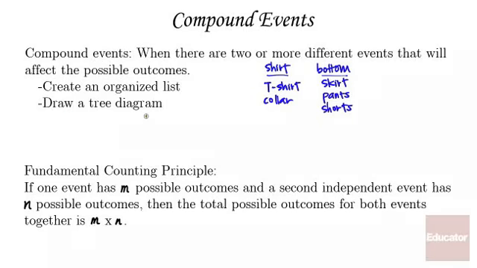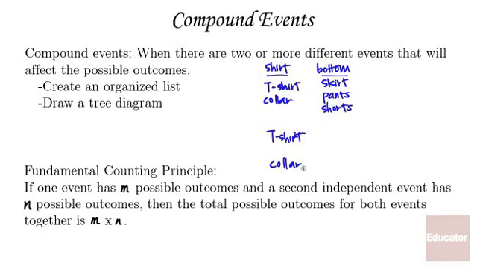When you draw the tree diagram, you're going to first list out the first event. So that would be the shirt, right? So you're going to do t-shirt, t-shirt with the collar. Those are your two options for the first event.